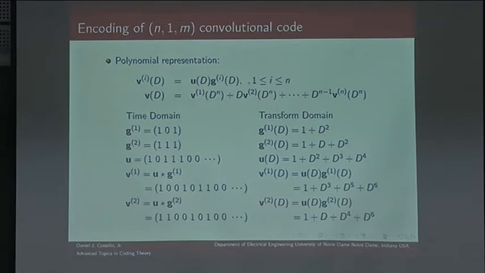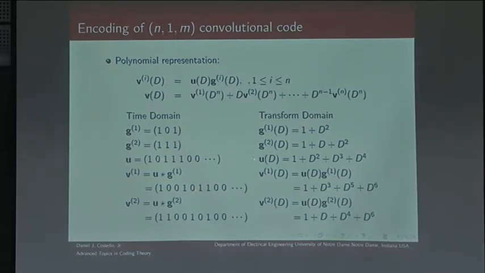This is like a D transform type of thing, or in linear system theory, it would be essentially a Z transform type of operation, except here we're using D because it represents a one-time unit delay. So for example, the G1 of sequence 101 can be written in the transform domain as 1 plus D squared. Okay, and 111 can be written as 1 plus D plus D squared.